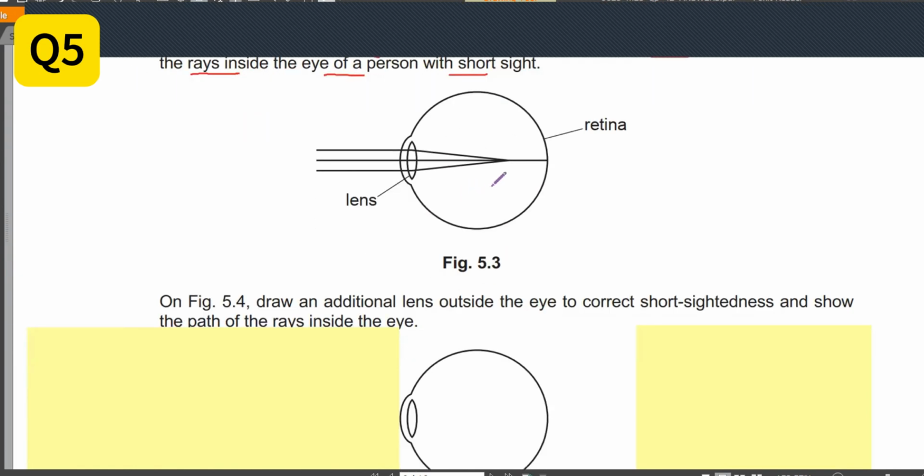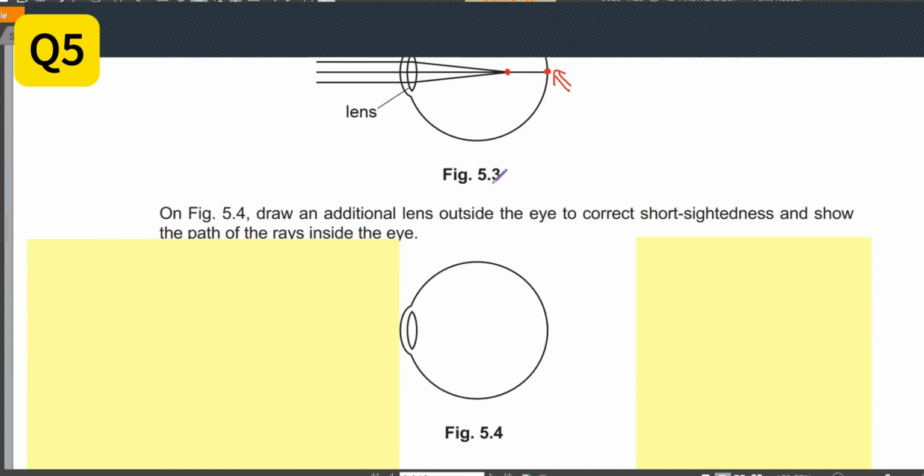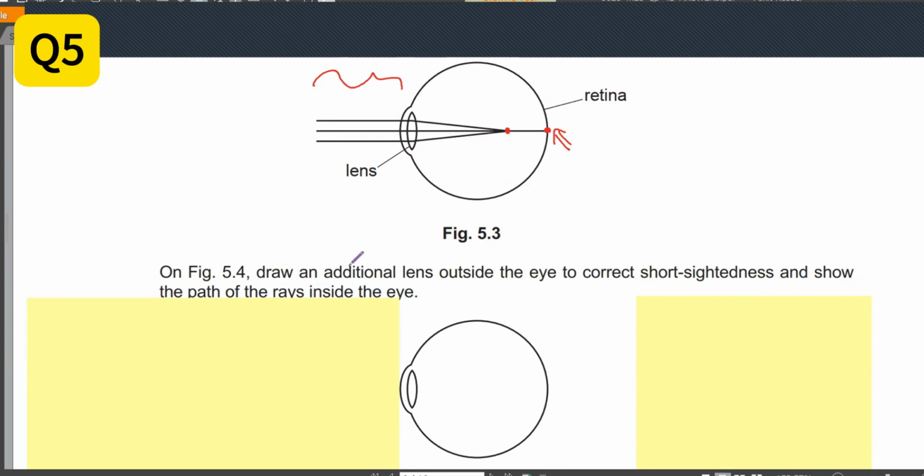Normally, when we view objects, we expect the light to be focused on the fovea, right on our retina, and then we get the clearest image. When it is not focused there, we cannot get a clear image. So in this situation, we need to draw an additional lens outside.